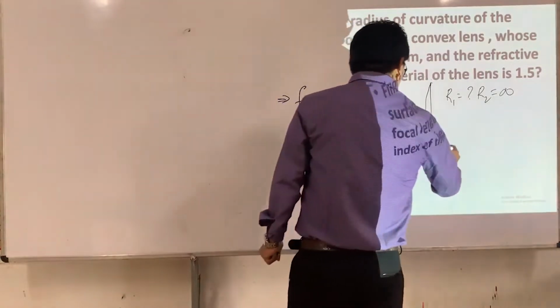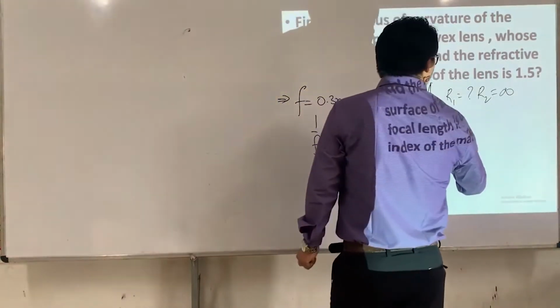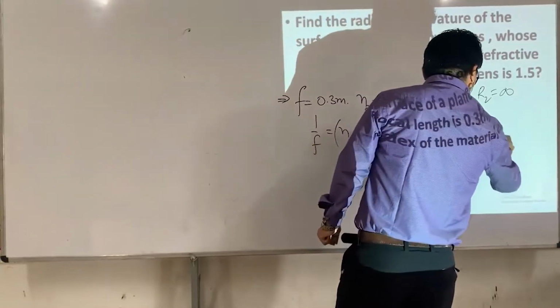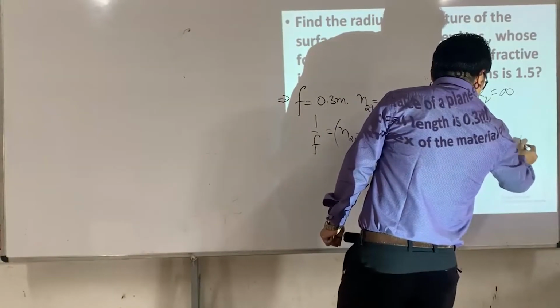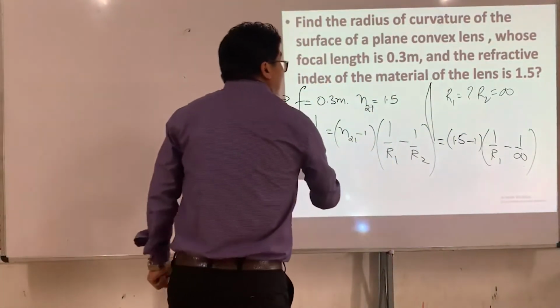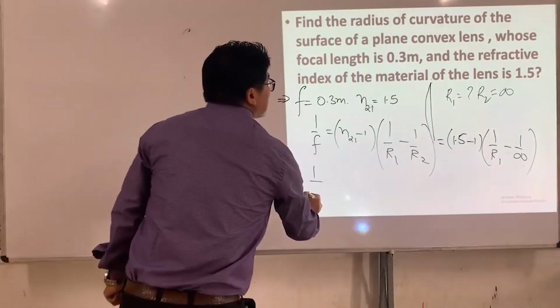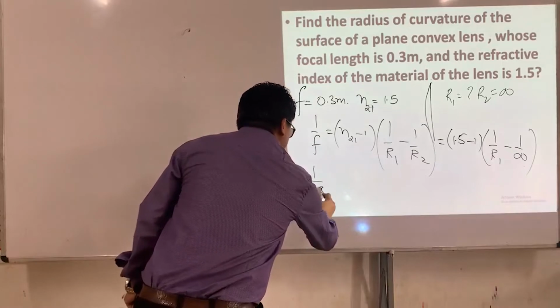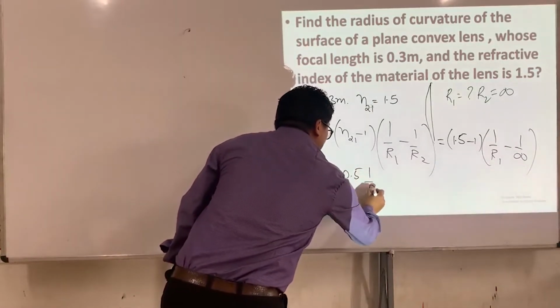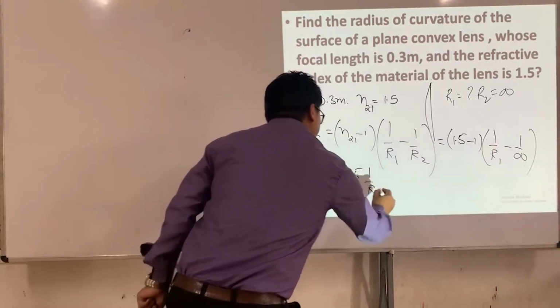So therefore this is equal to 1.5 minus 1, into 1 by R1 minus 1 by infinity. 1 by infinity is 0, right? So therefore 1 by 0.3 equals 0.5 times 1 by R1.